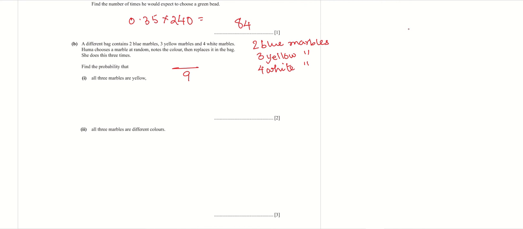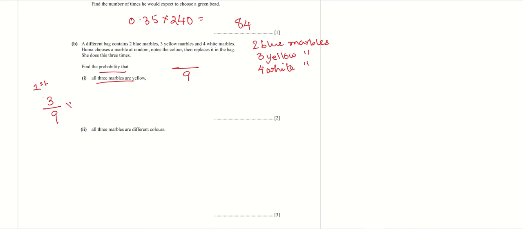She'll place it back, and then again she will choose it. They're asking us the probability that all three marbles are yellow. So first of all, we'll go with the first. She replaces it. In the first time, the probability of her choosing a yellow marble is 3 out of 9.